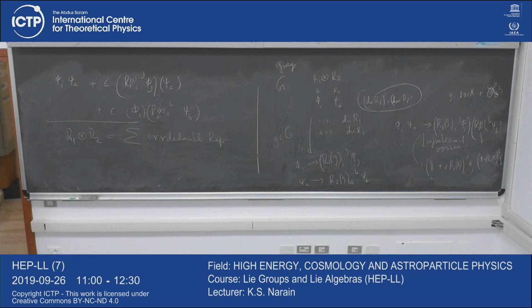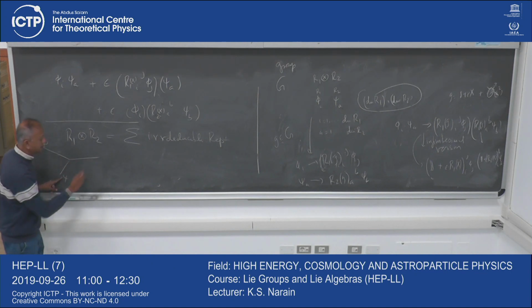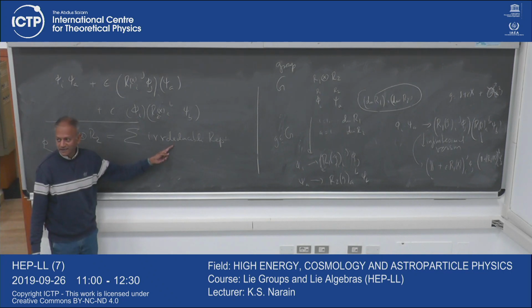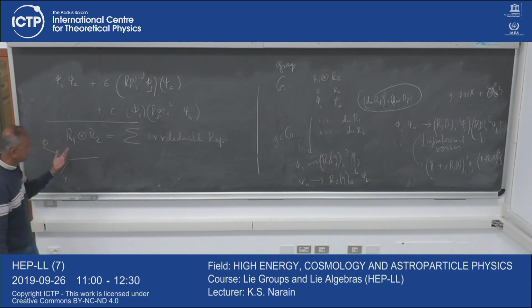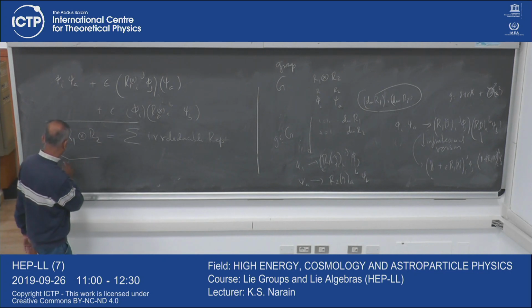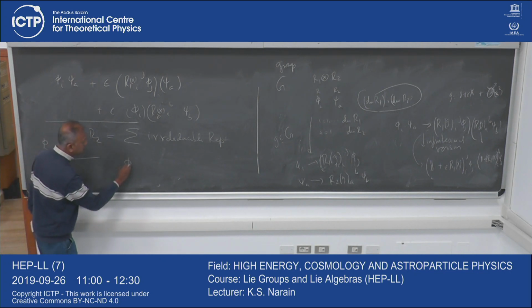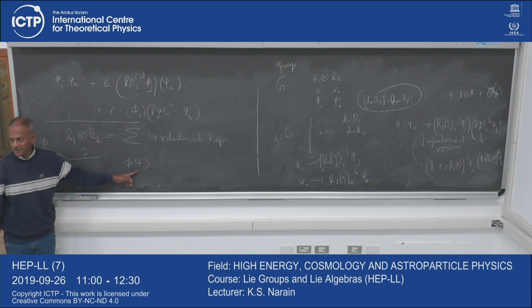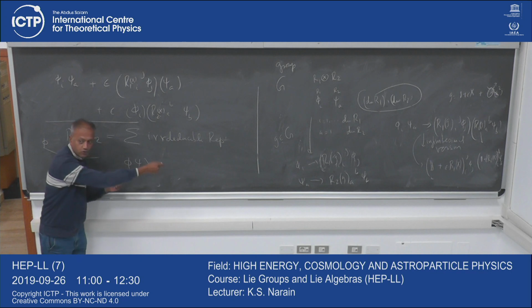This is important because, as in that example, suppose I have a particle phi and a particle psi, transforming under R1 and R2, and out comes some particle here. This particle had better be in one of these irreducible representations, otherwise it will not appear. Or equivalently, if I have such an interaction, then I must have a term phi psi lambda in the action, because that is how phi times psi can give you a lambda.